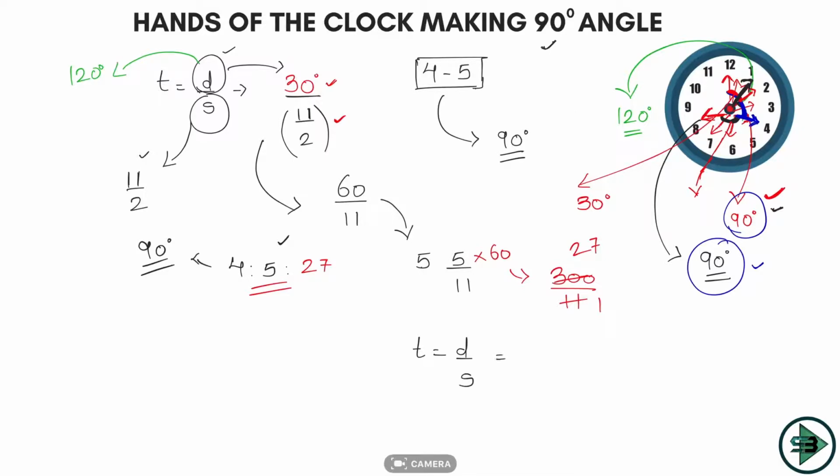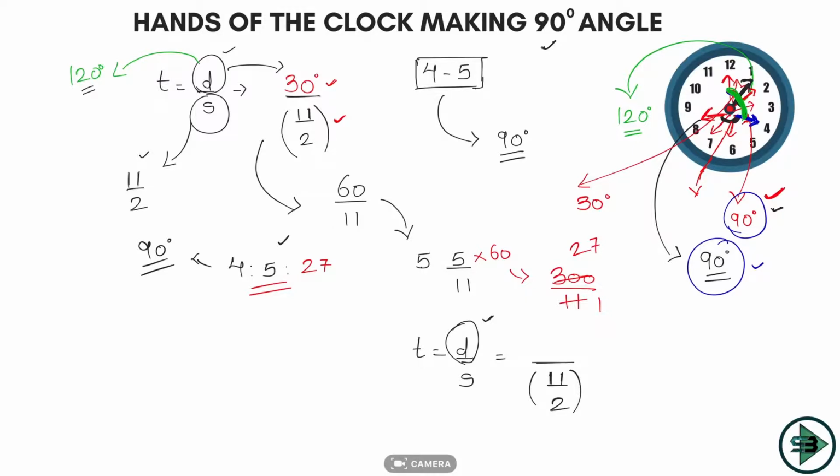Speed will always be 11 by 2. Now all I have to see is the distance traveled by the minute hand to make the angle of 90 degrees for the second time. When the coincide happened, it traveled a distance of 120, right? It traveled this entire distance for the coincide.